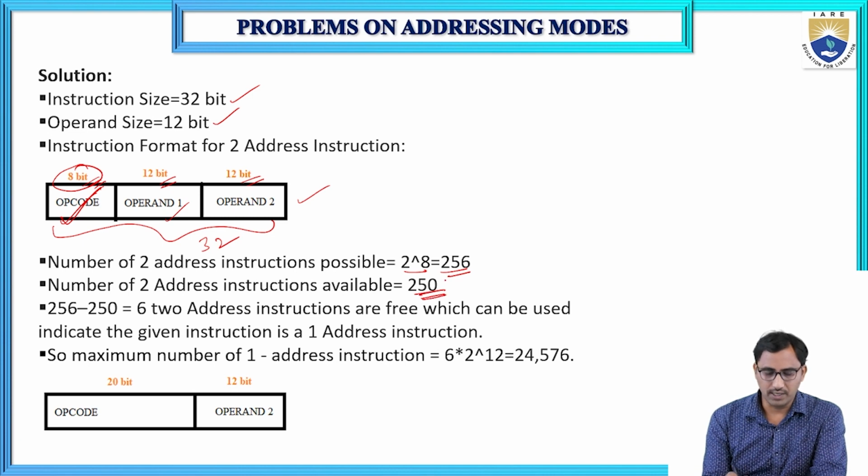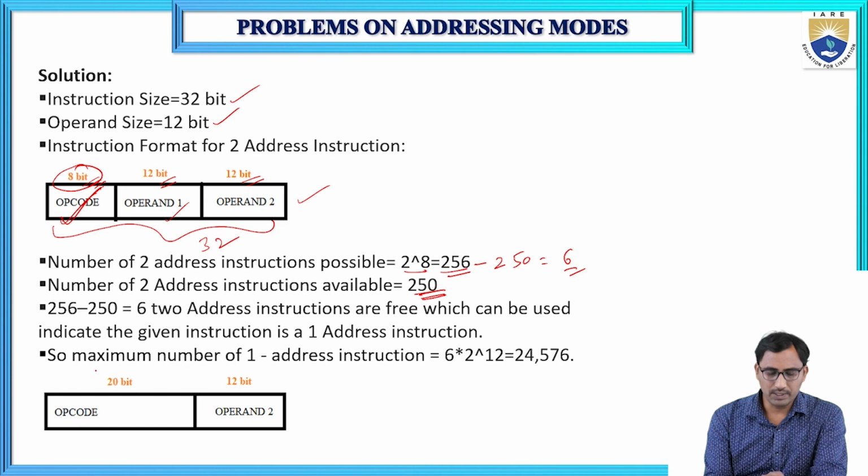So the number of two address instructions possible, 256, minus the available two address instructions, 250, means 6 instructions are left. These 6 free two address instructions can be used to indicate the given instruction as a one address instruction.